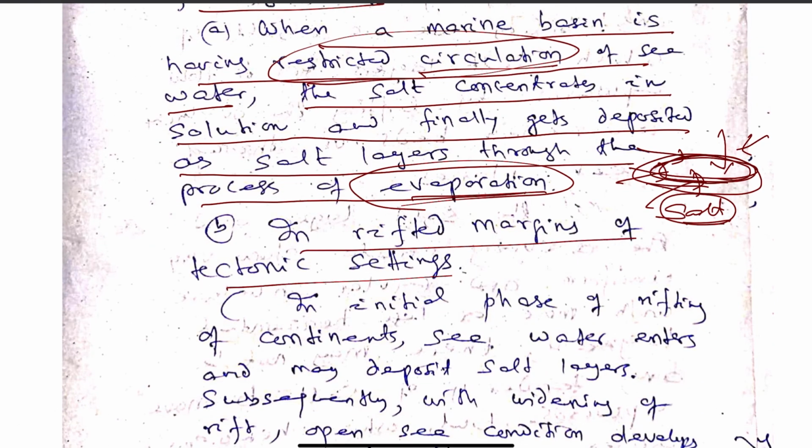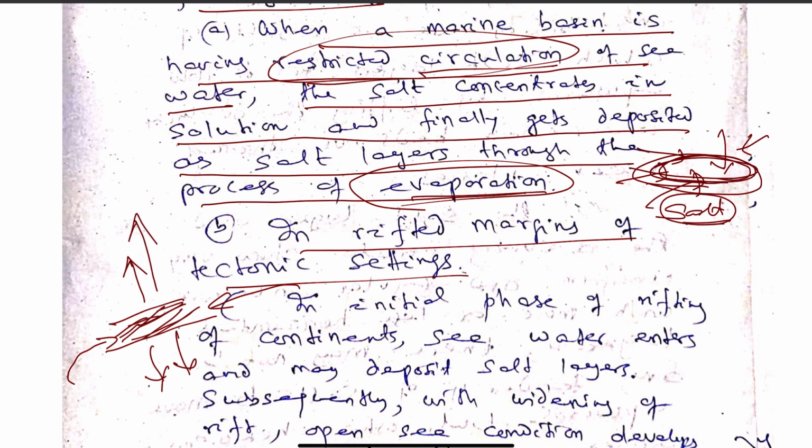Similarly, in rifted margins of the tectonic settings, the condition for deposition of salt is found to be favorable because the continents, because of tension, are found to be rifted and the seawater tries to occupy these rifts.